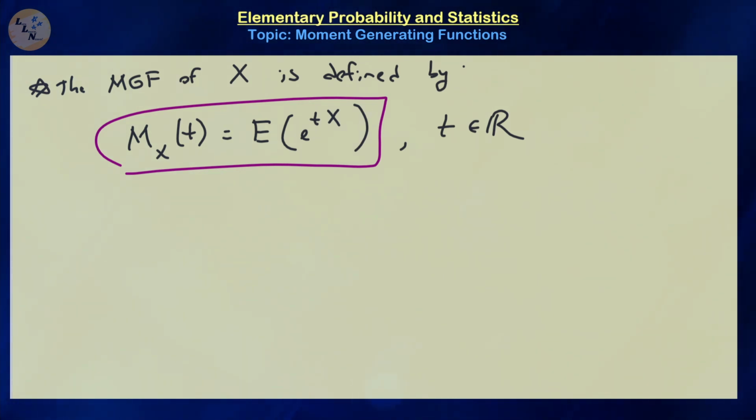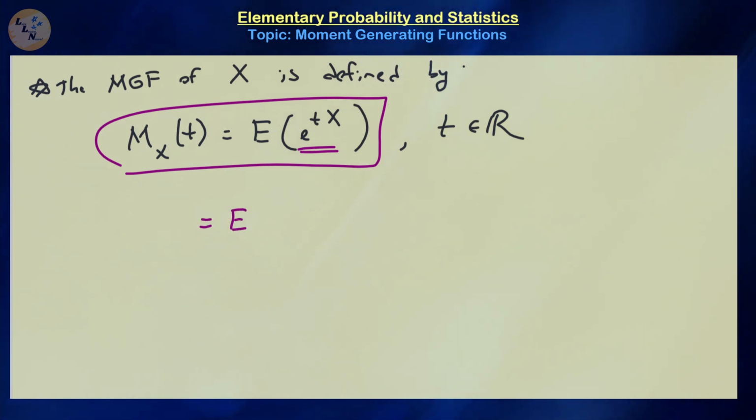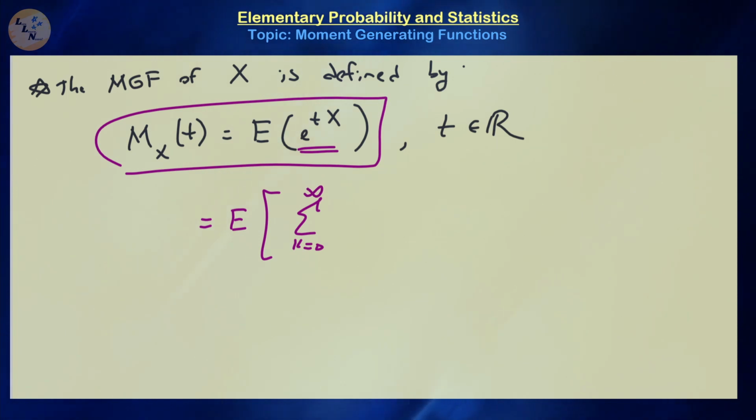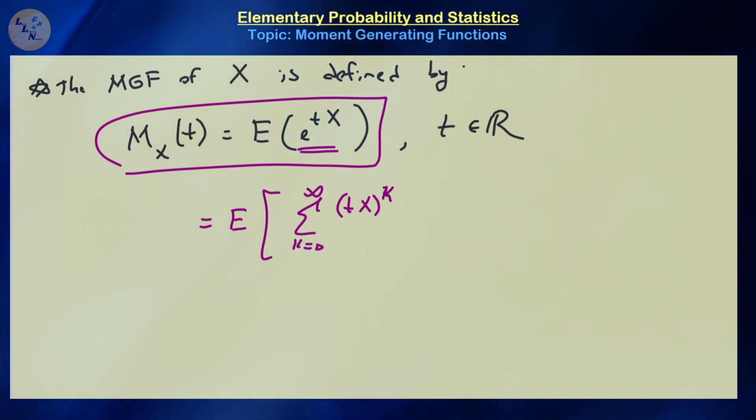Well, how do I find the moment generating function for a random variable, and what properties would it have? So what is e to the tX? e to the tX is just going to be equal to the sum from k equals 0 to infinity of tX to the power k all over k factorial.